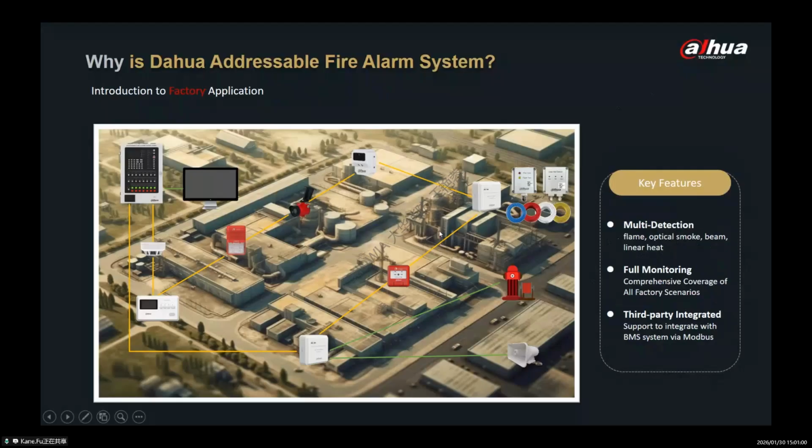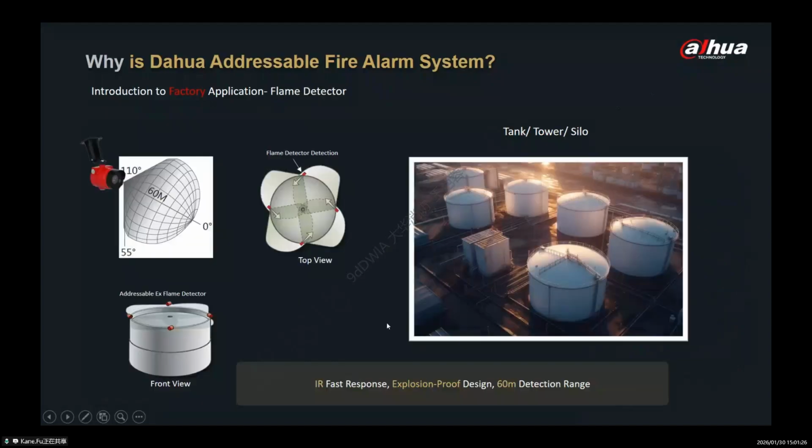Because in a factory we have normal structure buildings, oil tanks or all kinds of tanks, very complicated structure buildings, machine buildings, and also some places with very open space. So it is a complicated scenario. We offer all kinds of detectors.